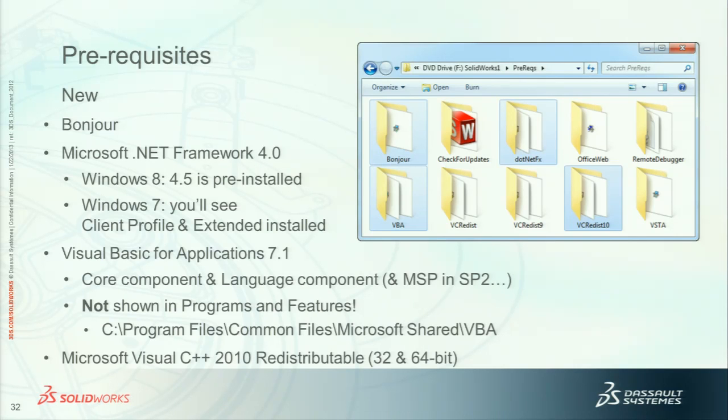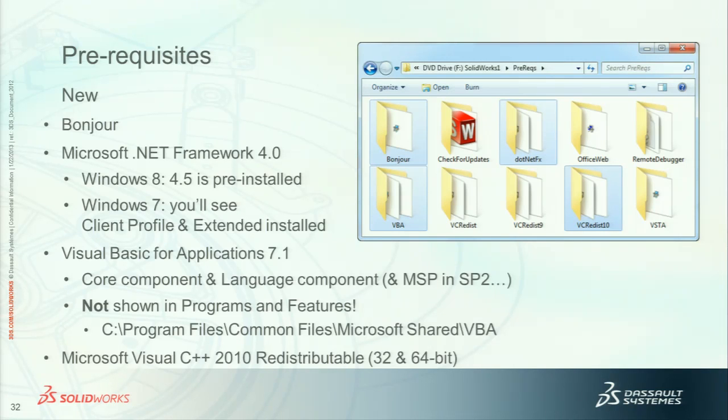It's a prerequisite. Just be aware that we're installing that now. So if you install on a machine and one of your users says, what is this Bonjour thing that's on my machine? You can say, oh, SolidWorks uses that now in 2013. They may go there and uninstall it. And if they tell you PhotoView rendering's not working, it might be that. But if they do uninstall it, it shouldn't cause SolidWorks to stop working.